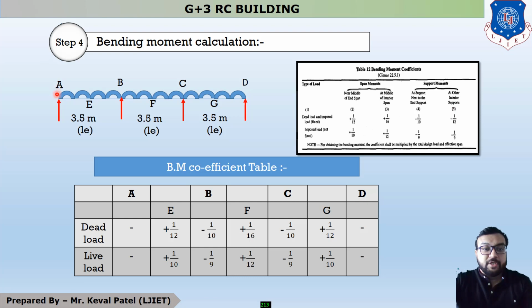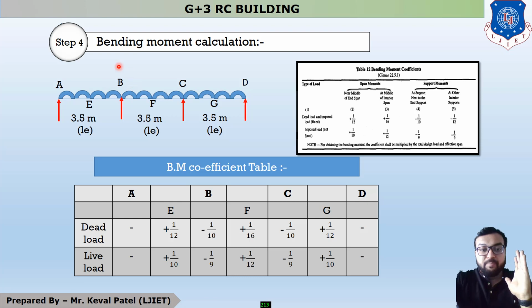So students, your A is your end support and your D is also your end support. So B support is just next to the end support, okay, because your A is the end support and B is just next to it.